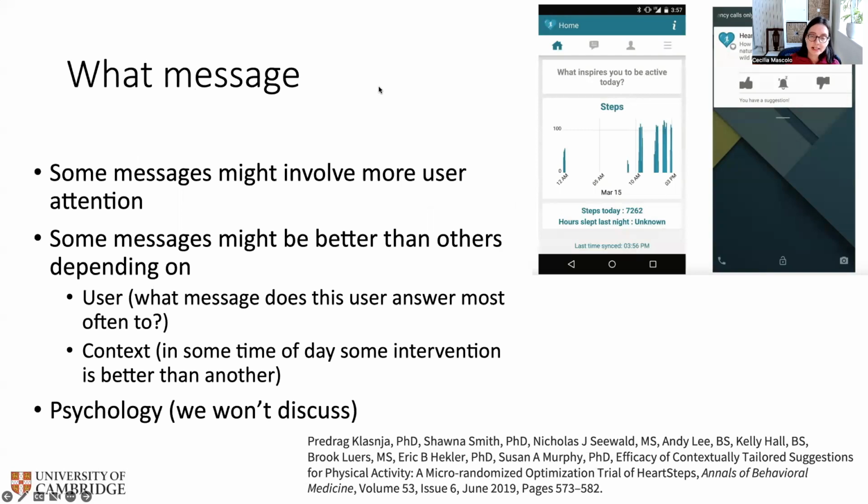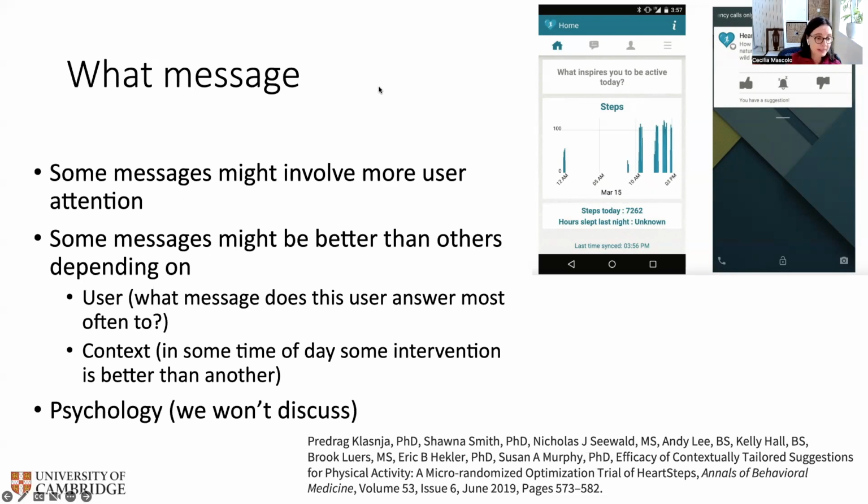This is a very complex area where health psychologists are stepping in to understand what works. We won't talk too much about the psychology, but it creeps in because it's so interleaved with all these concepts. Some messages might be simple, but some might require some attention from the user, and perhaps even some interaction with the device, so you need to be careful when to send them.